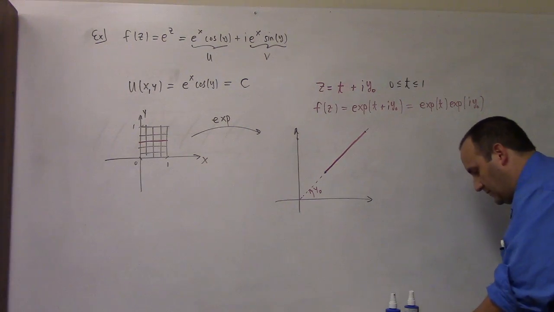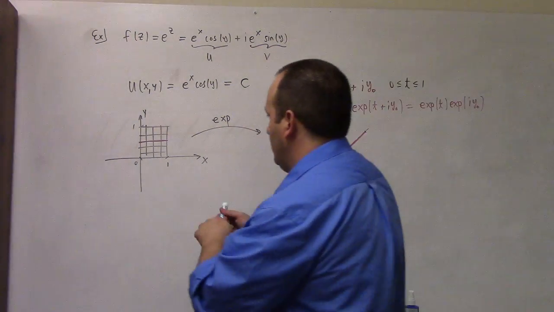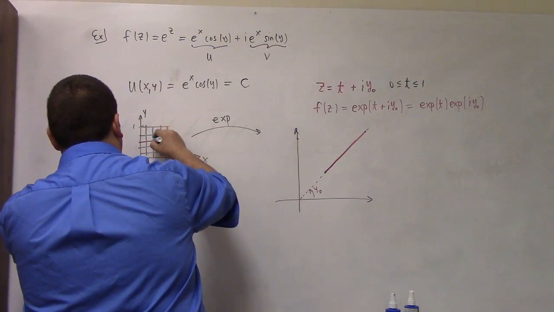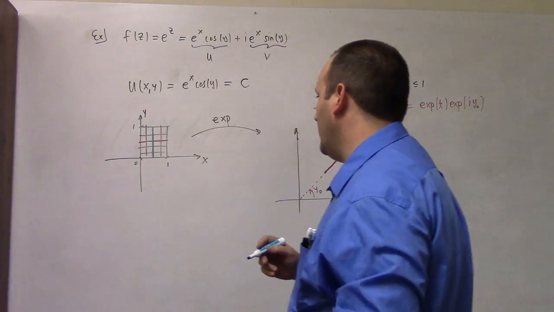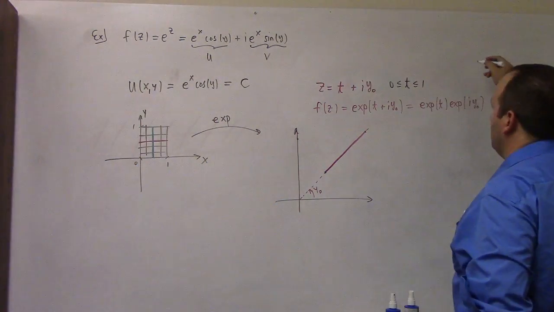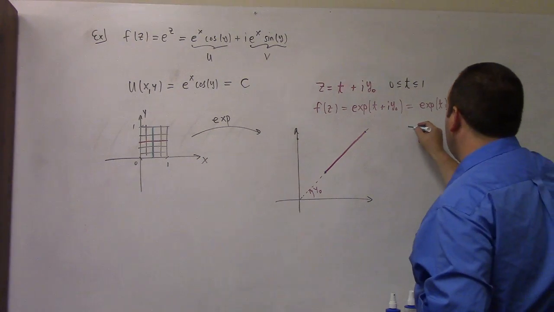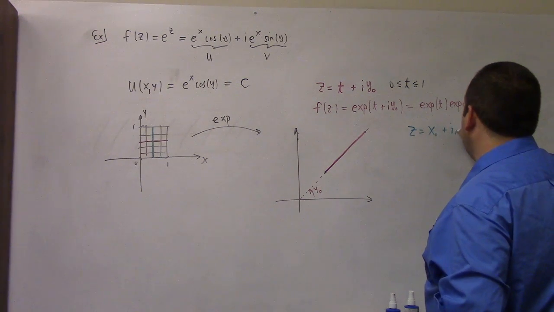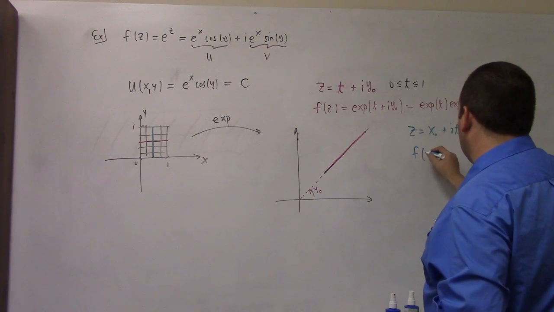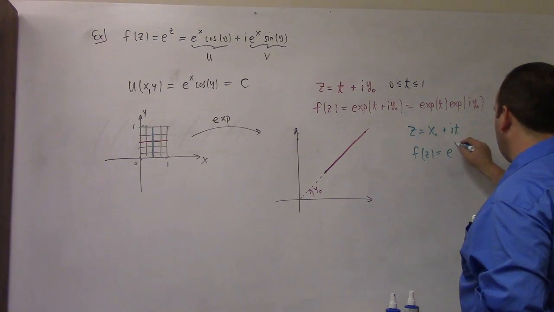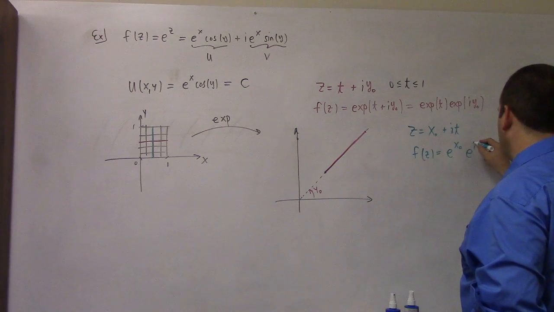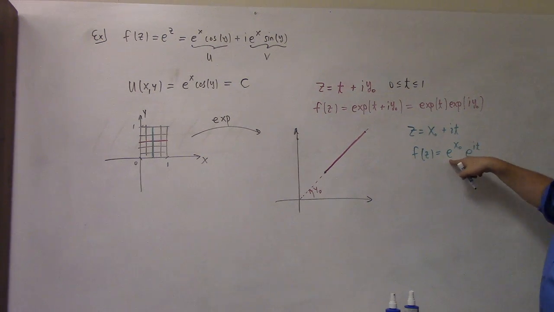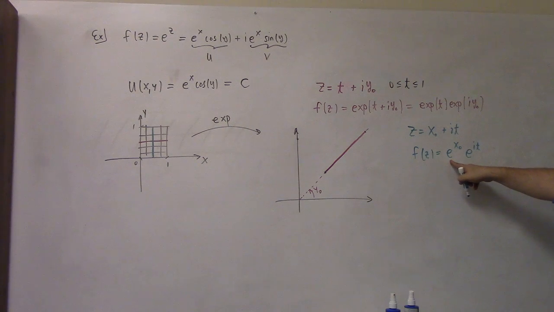And then if you look at the vertical line, what does it get mapped to? That would be z equal to, say, x naught plus it. And so f of z would be equal to e to the x naught times e to the it. So this is a fixed polar radius in the image, and that sweeps from angle 0 to angle 1.